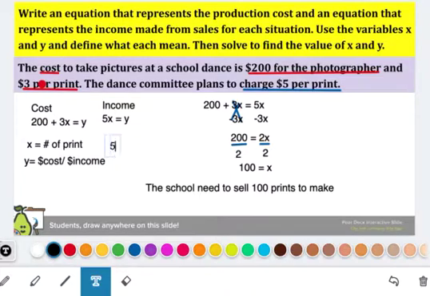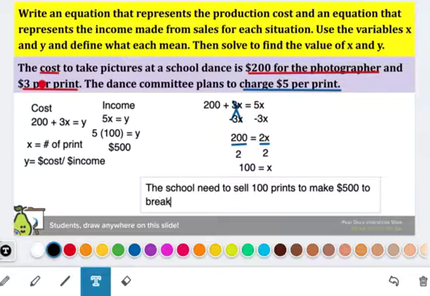So 5 times that 100. And we find out that they will have to make at least $500 to break even. So the income is $500 right there. That means before they start making money.